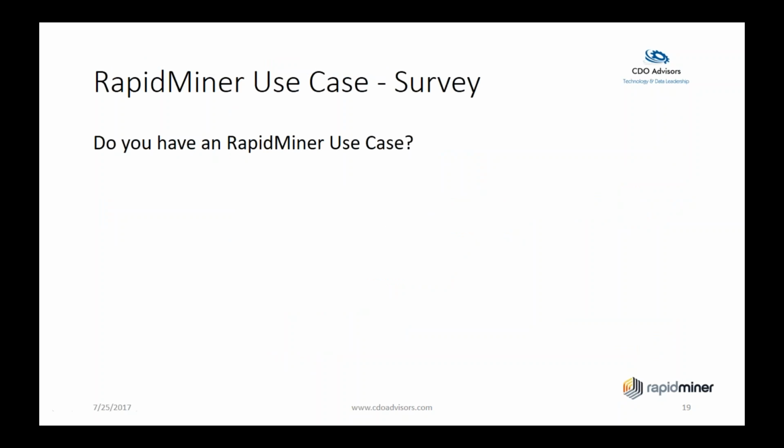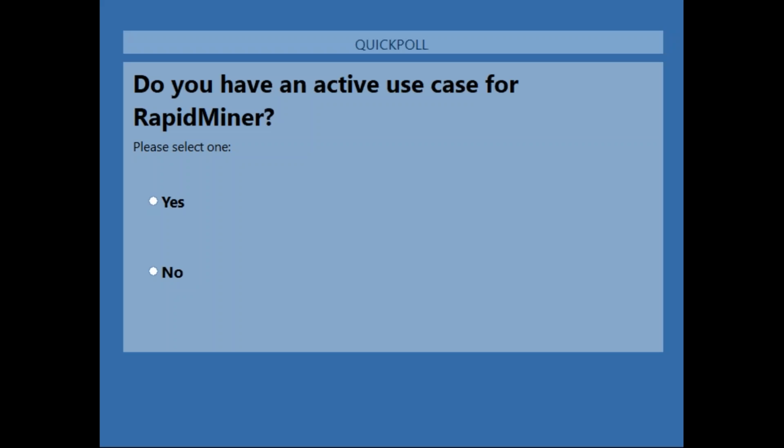All right, so one last poll here just to see, again, where everybody is. Now that we've seen this on the 3 different use cases that I've gone through, do any of you have active use cases that you can think of that RapidMiner would be applicable for? People are thinking harder on this one.